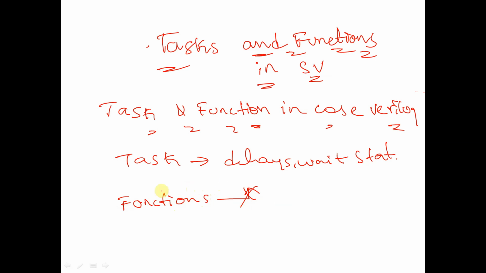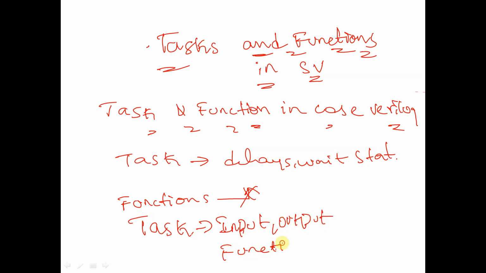A task can have inputs as well as outputs, whereas a function in Verilog should have only inputs, no outputs, and no inouts are allowed in case of functions in Verilog.